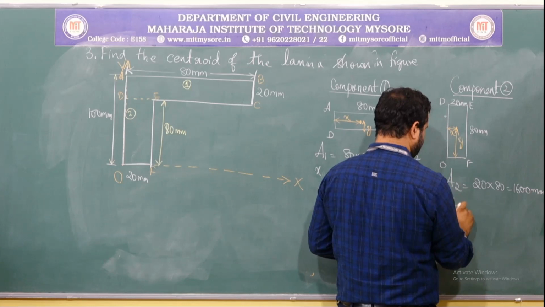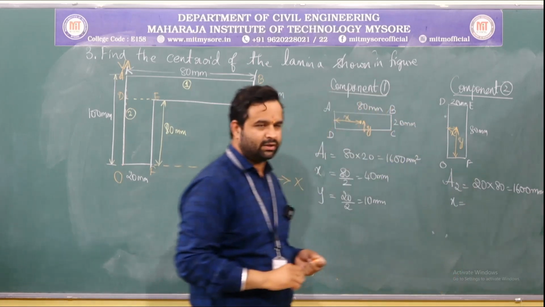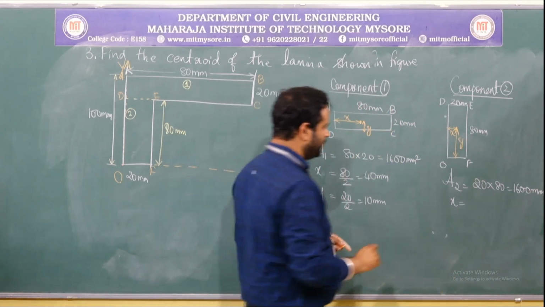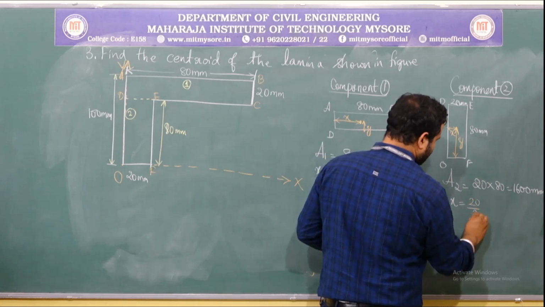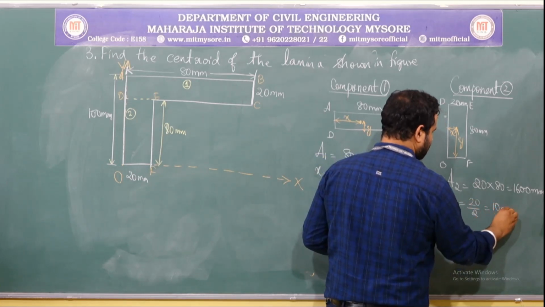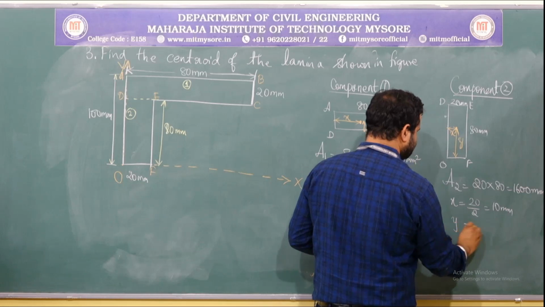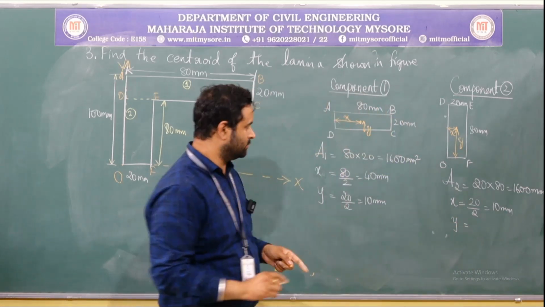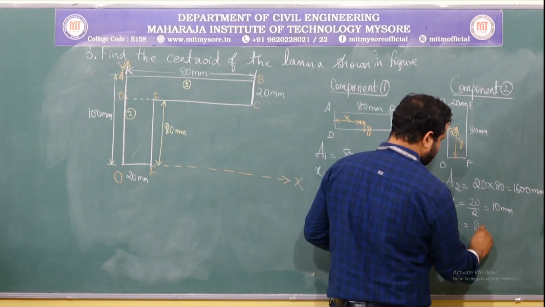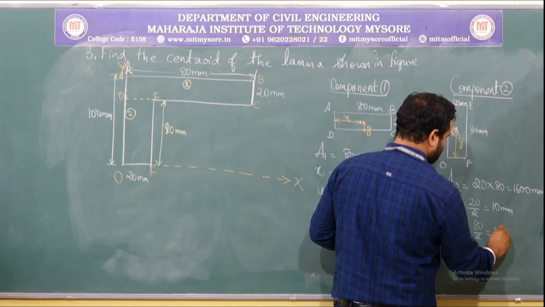and then x of second component will be equal to 20 by 2, which is equal to 10 mm, and y is equal to 80 by 2, which is equal to 40 mm.